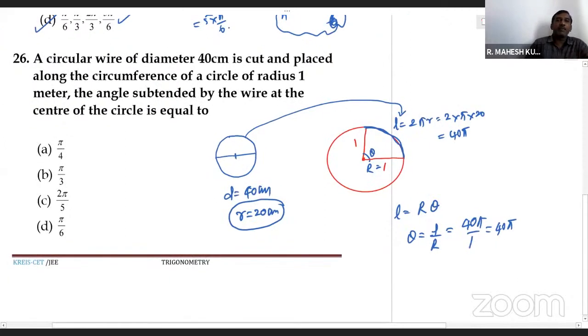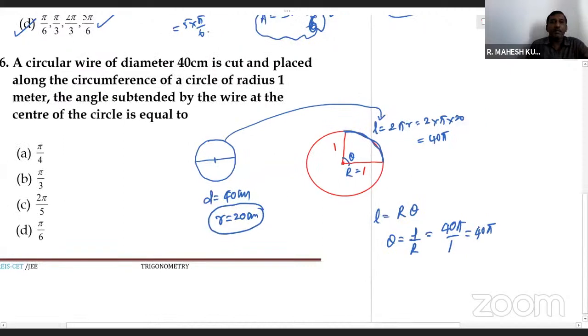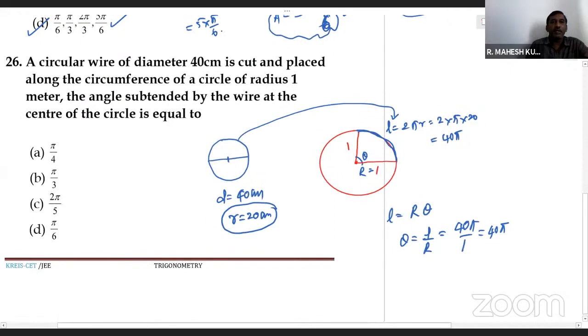ಸರ್ಕ್ಯುಲರ್ ವೈರ್ ಆಫ್ ಡಯಾಮೀಟರ್ 40 centimeter. 40 centimeter is the diameter, and so this is going to be radius of 1 meter anta ide.